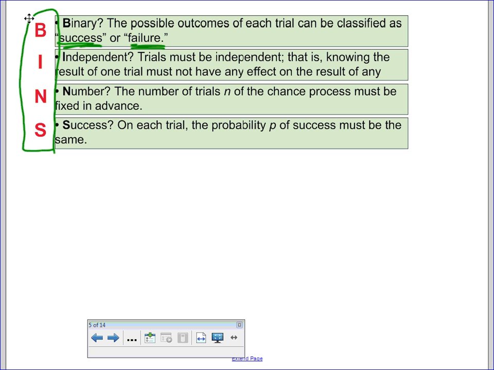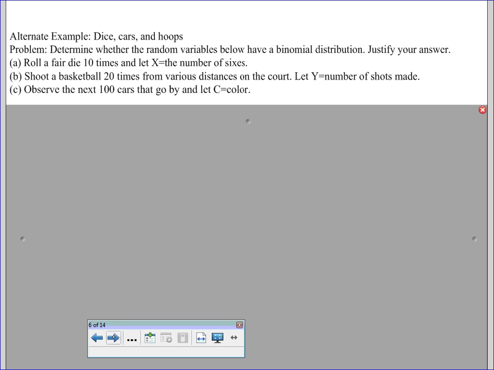And on each trial, the probability of success must be the same. These two are kind of linked. But those are the conditions. BINS. We've got to check the BINS. So, think about it. Check each one, the B, the I, the N, and the S, for each one of these 3. Pause it, think about it, and then I'll give you the answers.